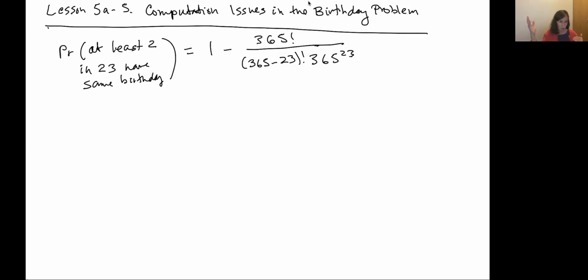If you get up to, say, 100 or so, you're really looking at some numbers that are going to be very difficult for computers, packages, calculators to handle, even though we know that the end result is going to be a number between 0 and 1. Okay, so how to handle this?